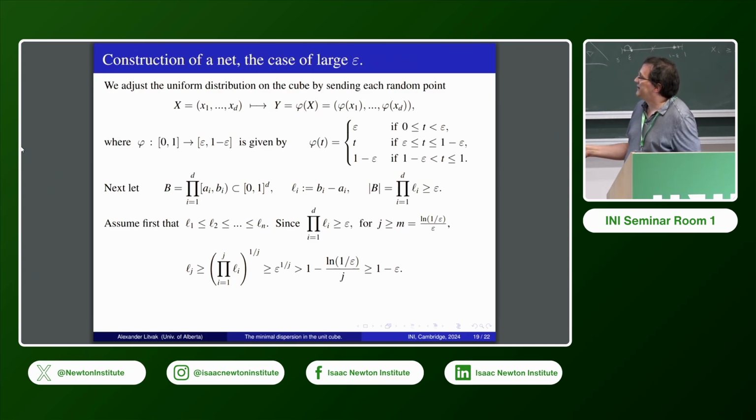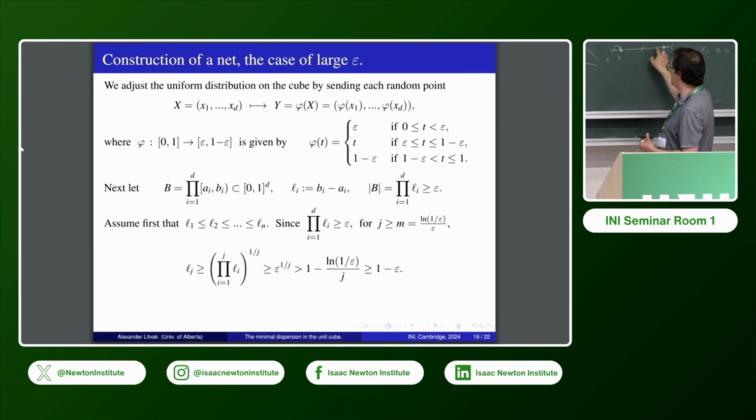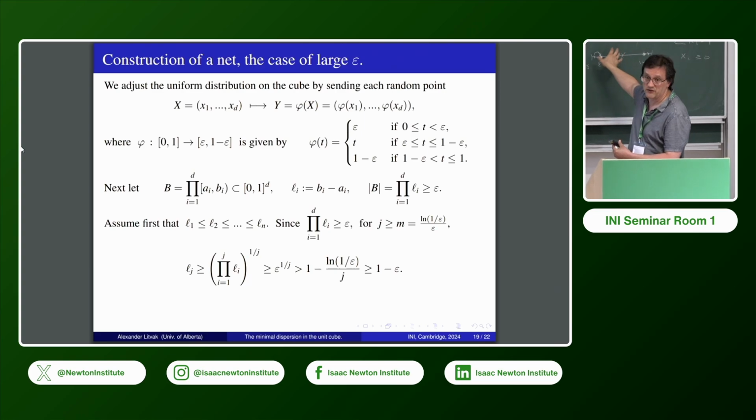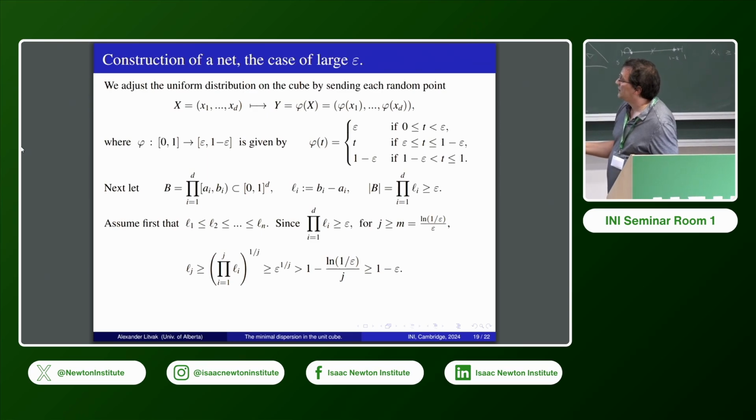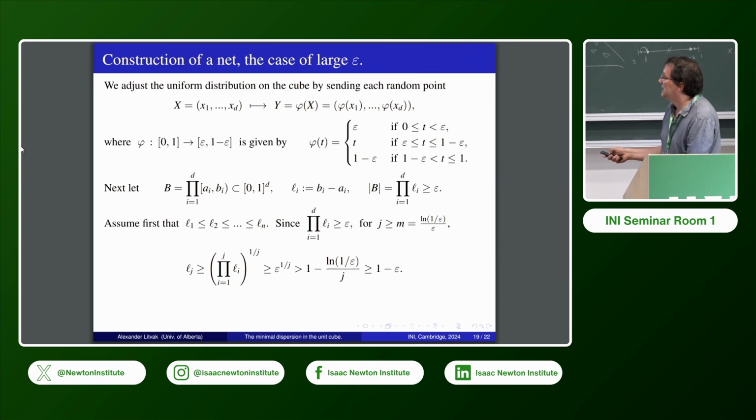But then in such coordinates I don't need to approximate, because if my point falls down here and the length is larger than 1 over epsilon, it is inside the segment. So essentially I don't need to approximate segments inside my box whose length is larger than 1 over epsilon.